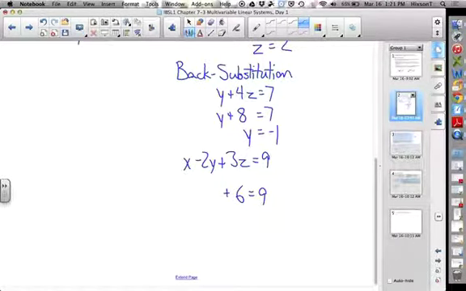I know that y is negative 1, so the minus 2y equals a plus 2. So I now have x plus 2 plus 6 equals 9, so x has to equal 1. And that means that my solution is the point 1, negative 1, 2.